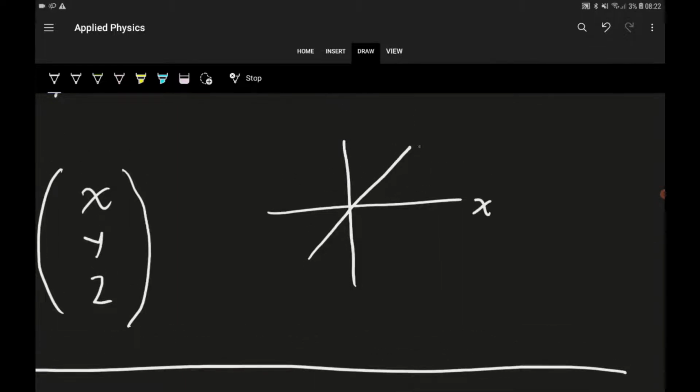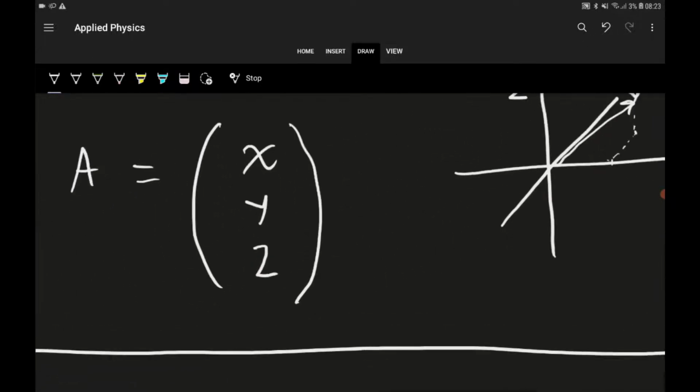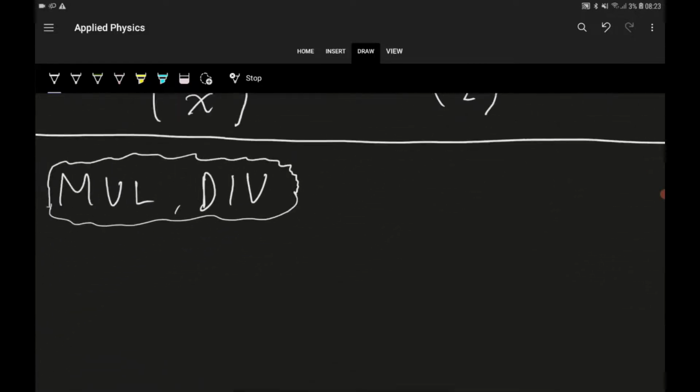If this is x, this is y, this is z, we'd go across x, then along y, and then higher up or down the z-axis, and that's how we would find our new vector. So this is one notation, or you could just put it down as a set of coordinates x, y, z, and these are really the only two notations that will probably be used.